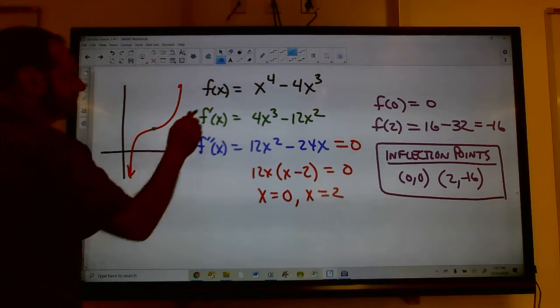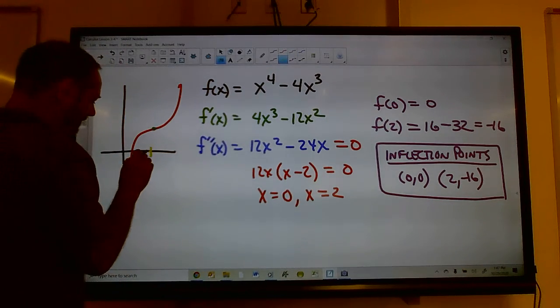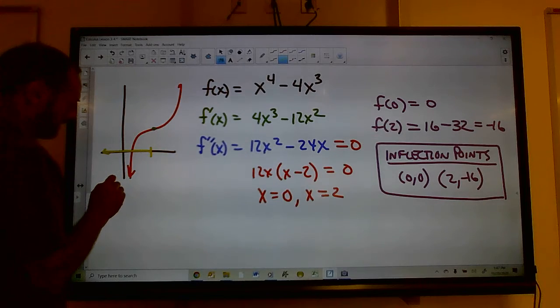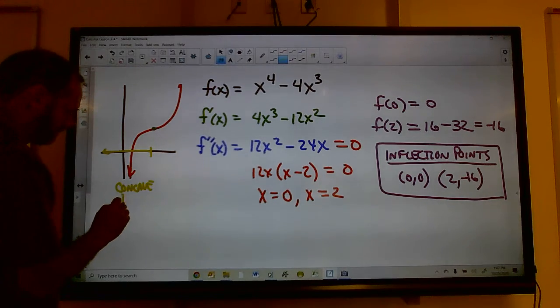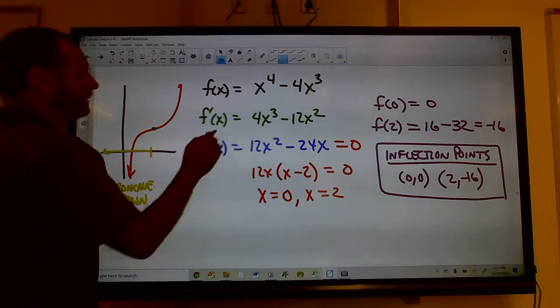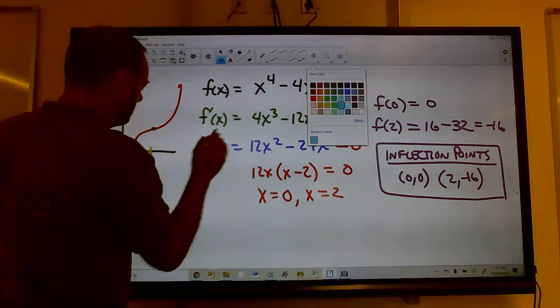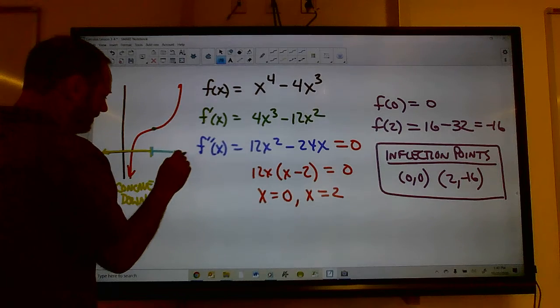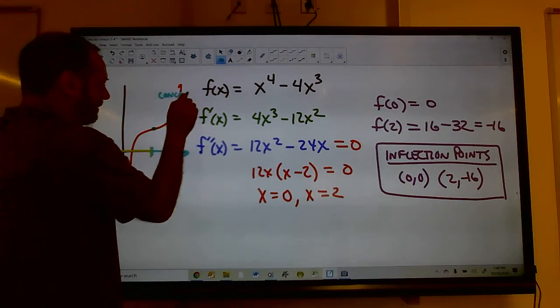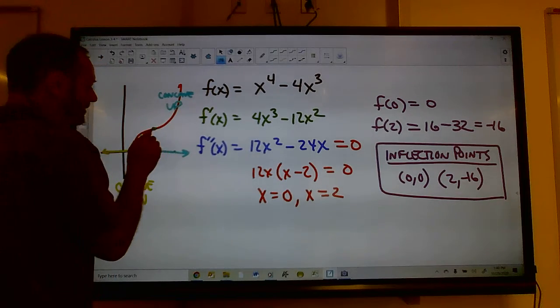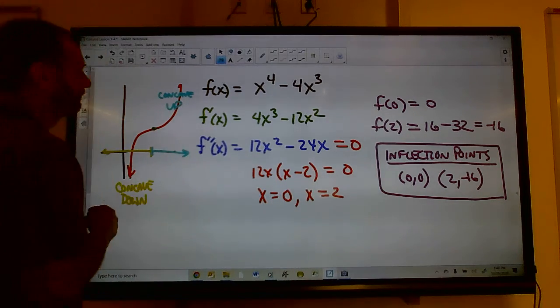This part of the graph from here this way is concave down, and then from here this way, this is concave up. And there's my inflection point right in the middle.